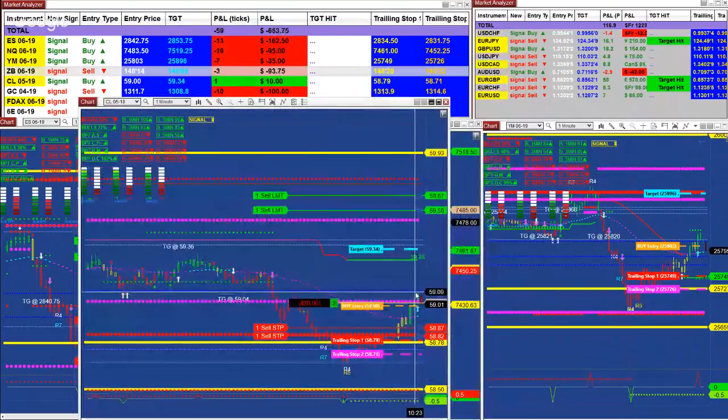I don't know if you can see, the wick is 59.09. This is the resistance line.